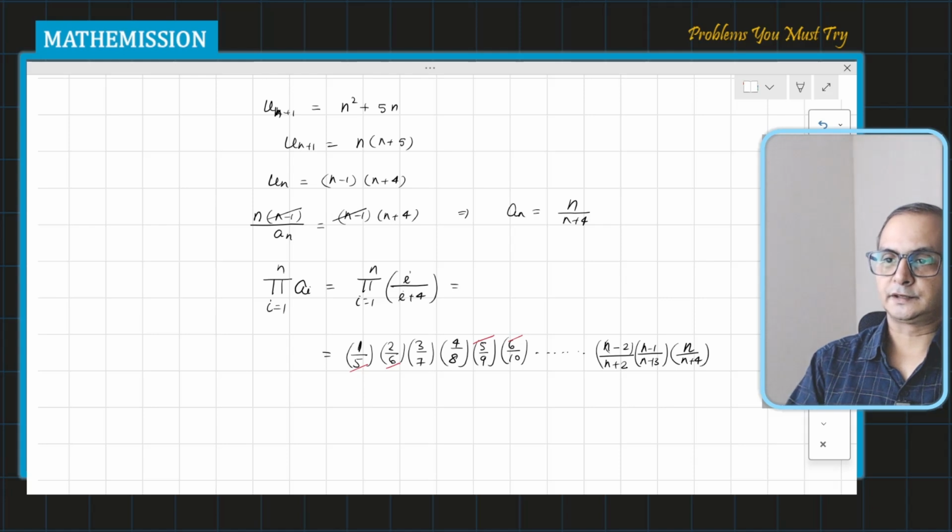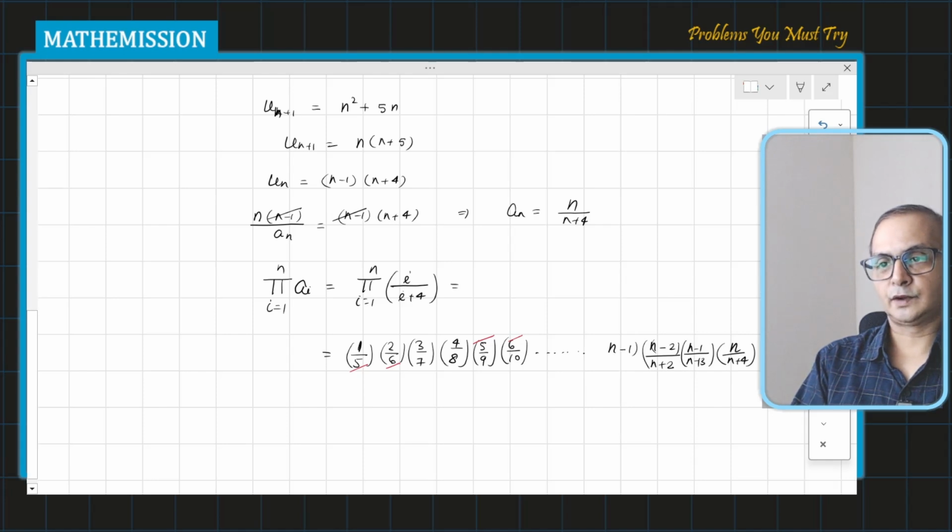Then before that we get n minus 3 by n plus 1, and then n minus 4 by n.